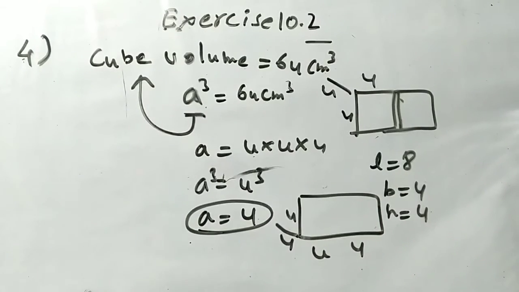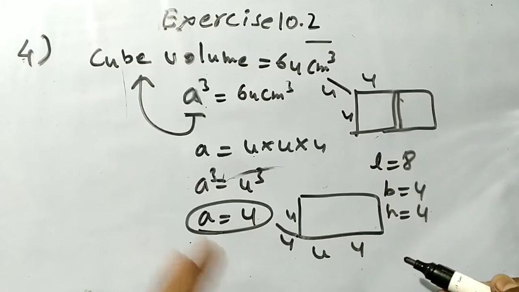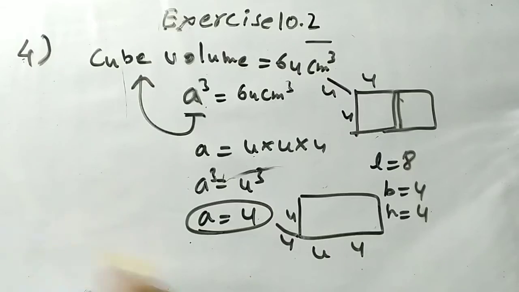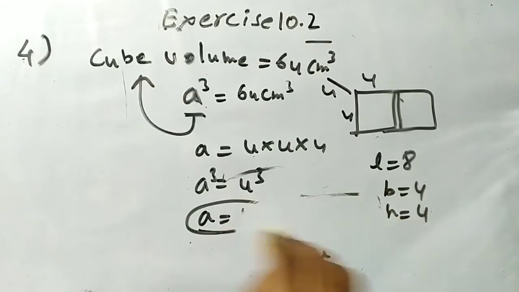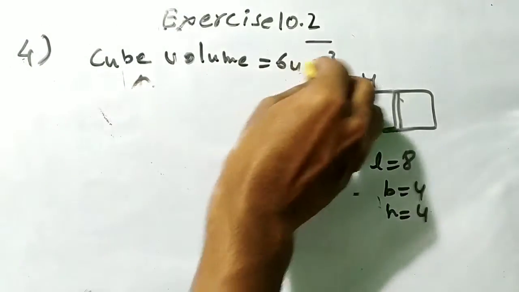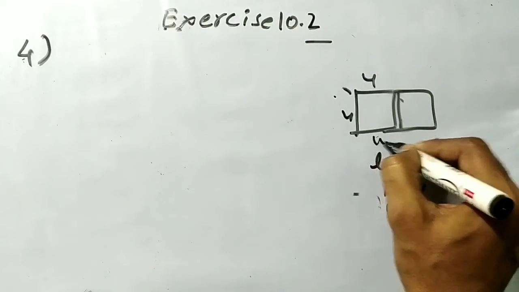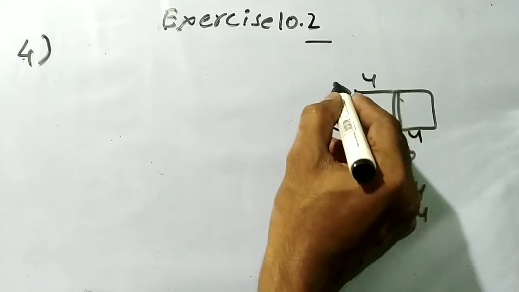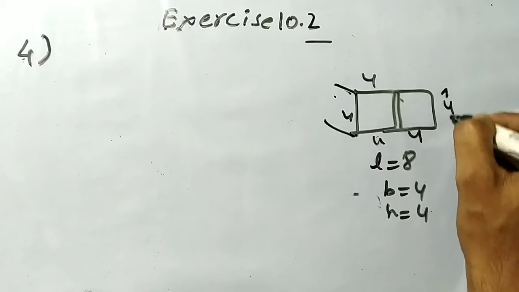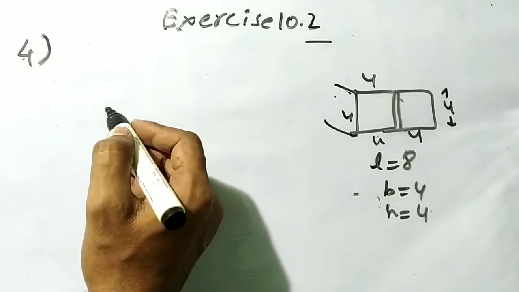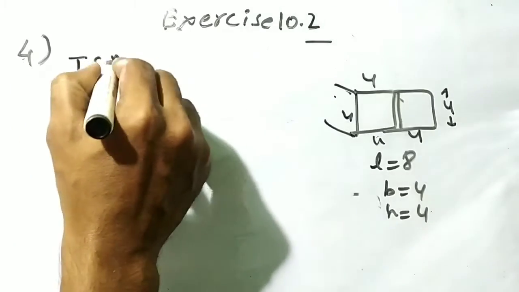So we got values just for finding the cuboid TSA, that is total surface area. So let's find the total surface area of the cuboid. Here 4 plus 4, this is a 4 and this is also 4, that is height.